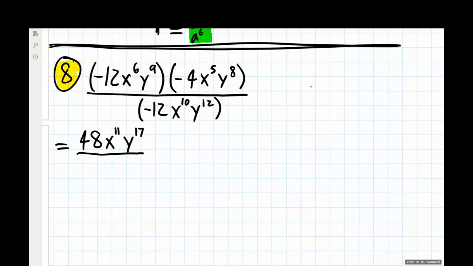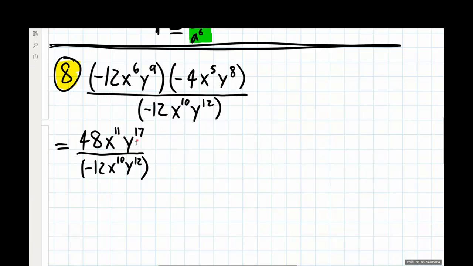The denominator, I can't change that at all, so I'm just going to bring it down exactly as it is. Now the numerator has all of the coefficients condensed down to be just a single number of 48, which is awesome. All of the x's condensed down to be just x to the 11th, which is also awesome.